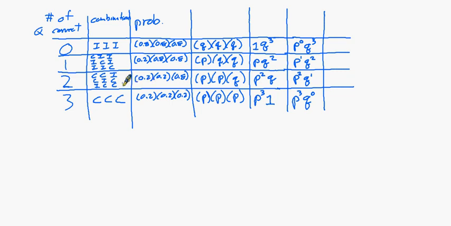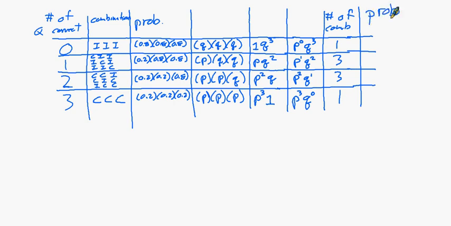Now, that would only be true if it was 50-50, right? It's not 50-50, but that concept that because there are 3 combinations, that's going to be different than here. So we have number of combinations. All right, 1 of those, 3 of these, 3 of these, 1 of those.